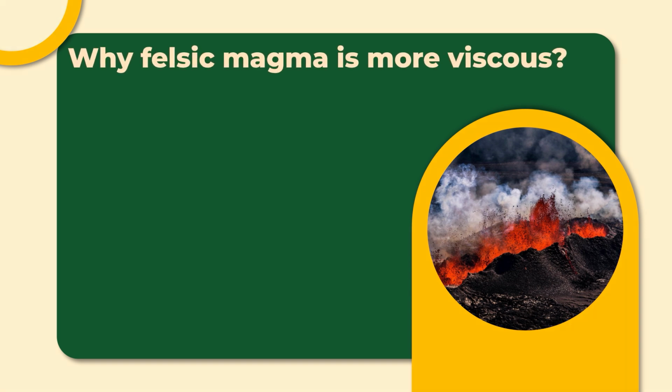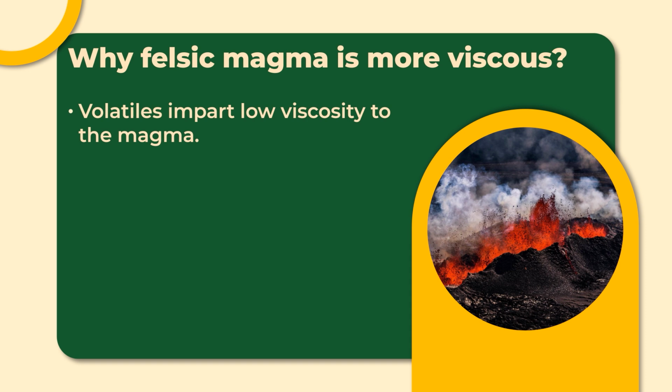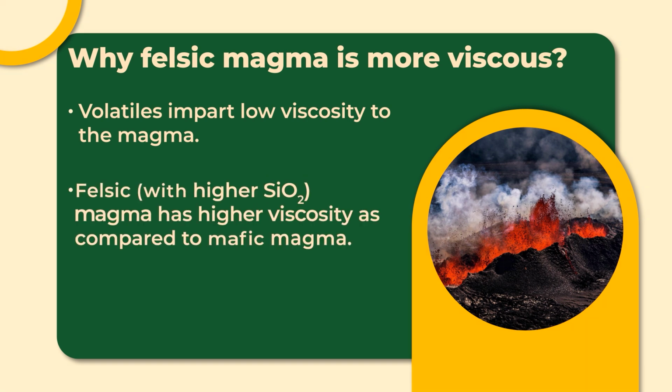Now, why do you think felsic magma, as I told you in the previous slide, has high viscosity? Because it has a higher silica oxide percentage, and felsic magma has higher viscosity as compared to mafic magma.